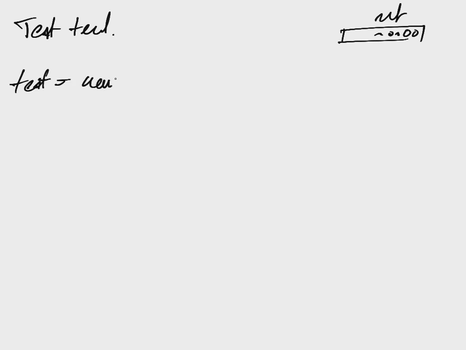When I say Test test, I create the reference for it, which points to null. And when I say test is new Test, I construct it. Then I have to look at the definition of the Test class, and I see that I need to construct one integer, one boolean, and one string.